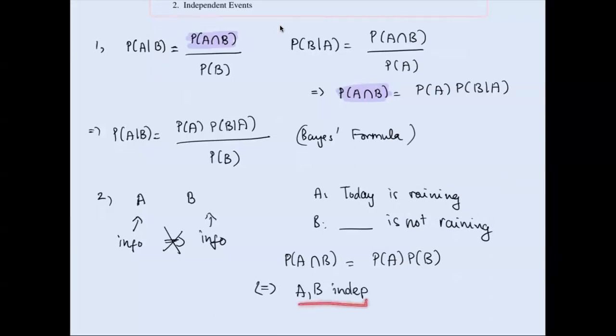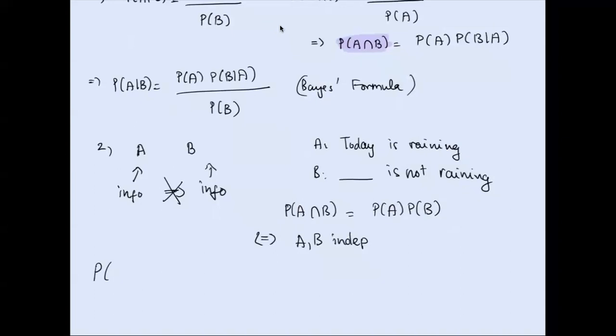And if A and B are independent, it has to satisfy this equation as well. If somehow you have that probability of the intersection is not equal to probability of A times probability of B, then you know for sure that A, B are not independent.